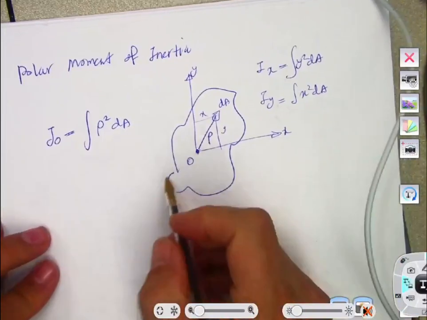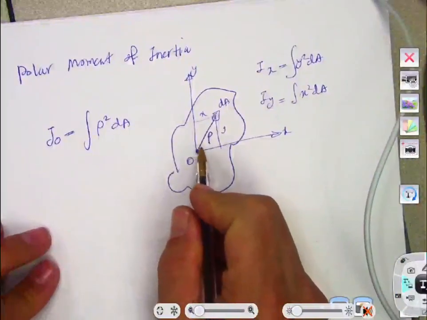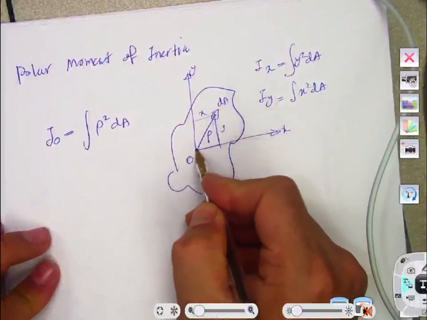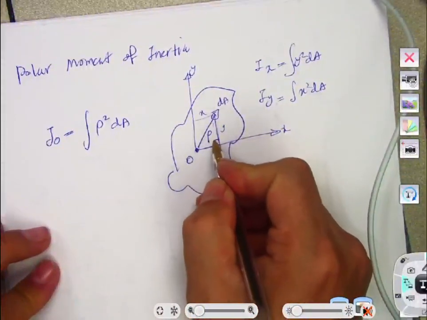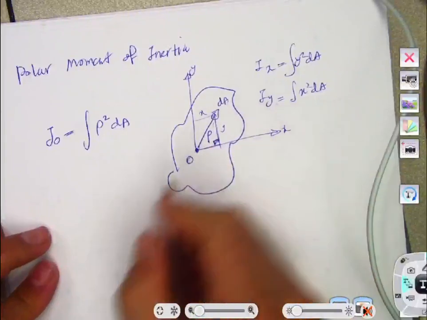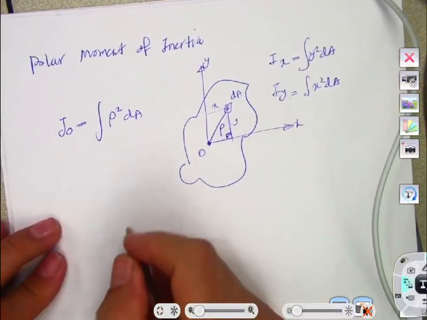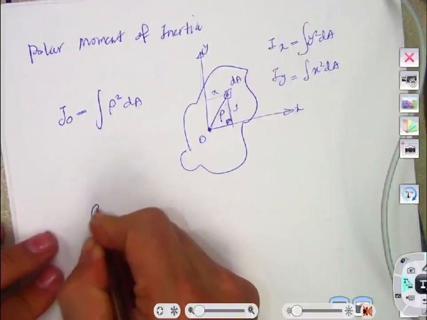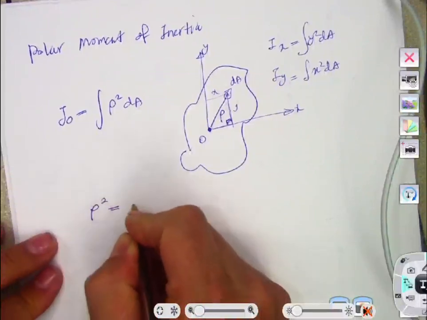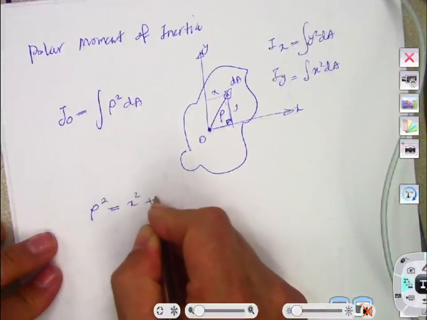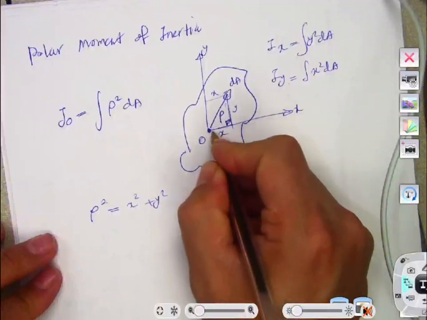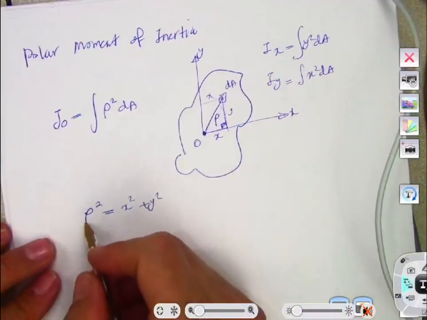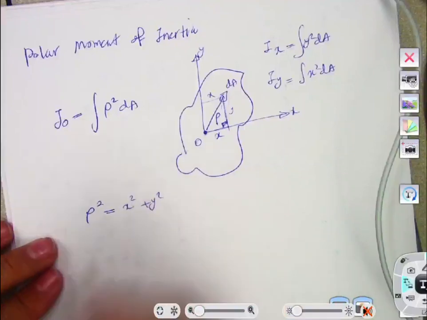But look at this right triangle. I can write the Pythagorean theorem in this right triangle: if this is x and this is y, then rho squared is x squared plus y squared.